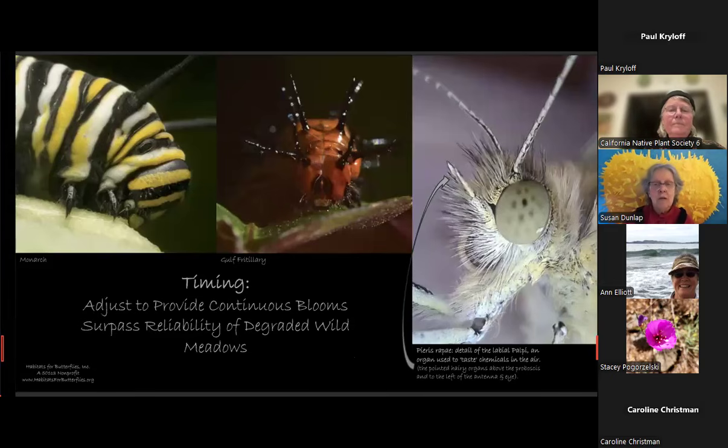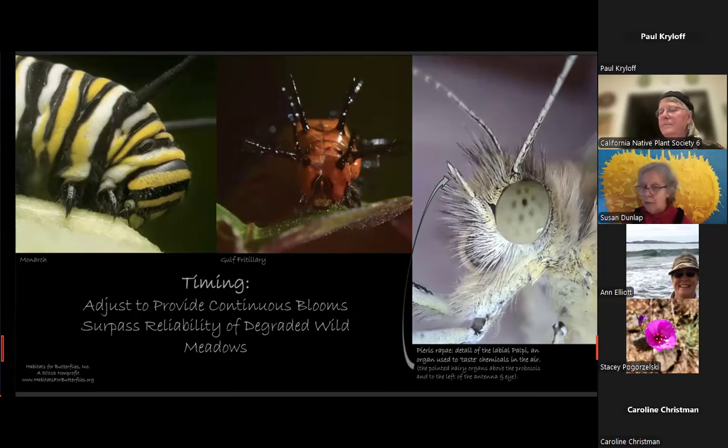The next refinement is timing. Timing separates good from excellent. If we stay aware of the bloom cycle and adjust our plantings so there are continuous blooms, then something really important happens. When many gardens offer nectar reliably, they begin to function as a refueling network, something migratory butterflies can actually use today.